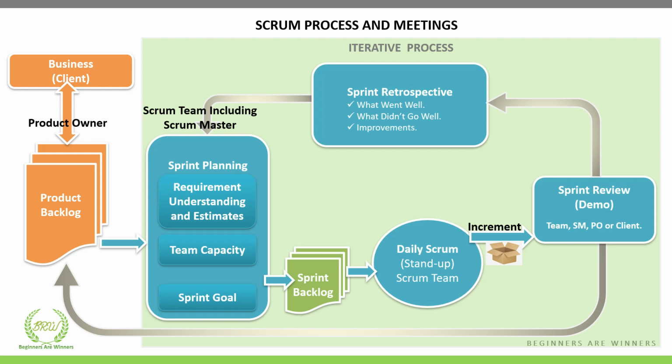So once the team identifies the team capacity, they can identify the amount of work that the team is going to commit for the sprint. And the team translates sprint goals into the sprint backlog, which is the amount of feature and work that the team is going to deliver within 2 to 4 weeks of time.